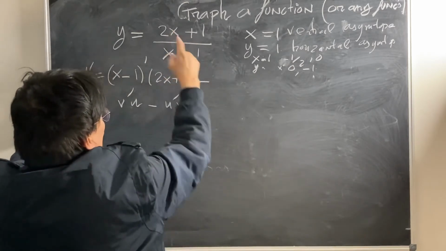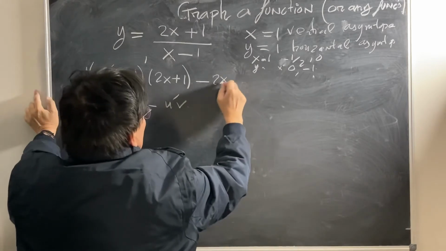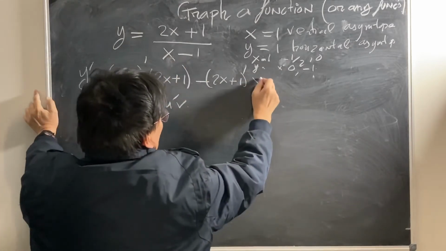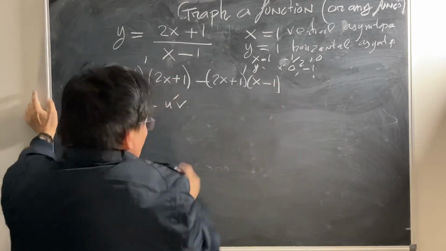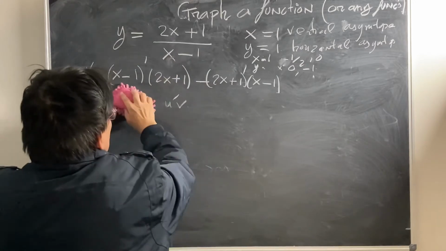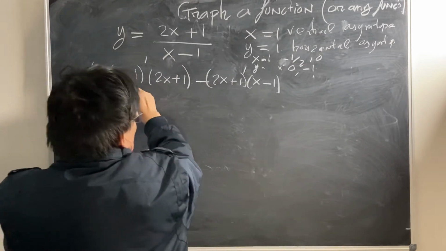So u prime is (2x plus 1) prime times x minus 1, the whole thing divided by v squared. V squared in this case equals x minus 1, to divide by (x minus 1) squared.